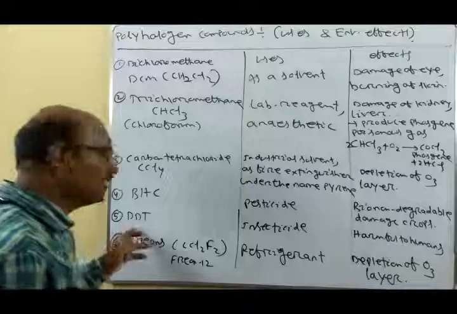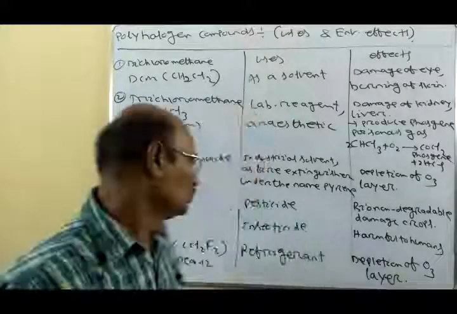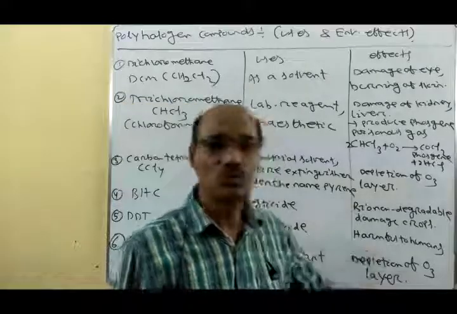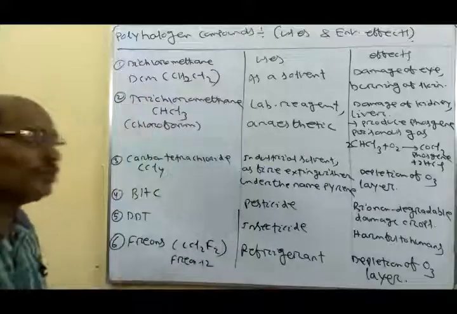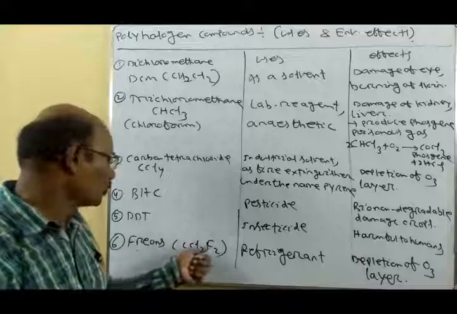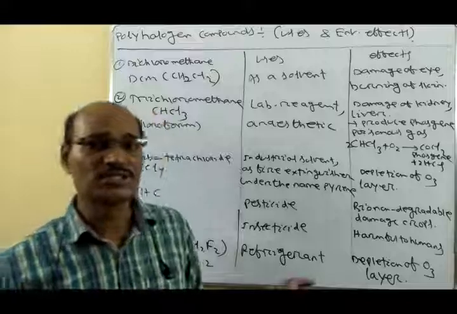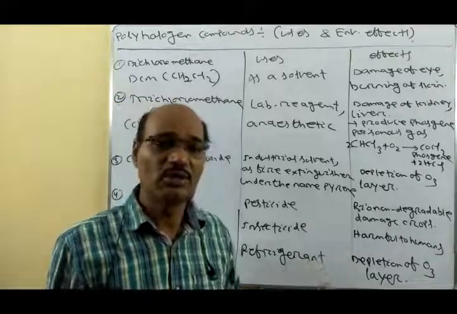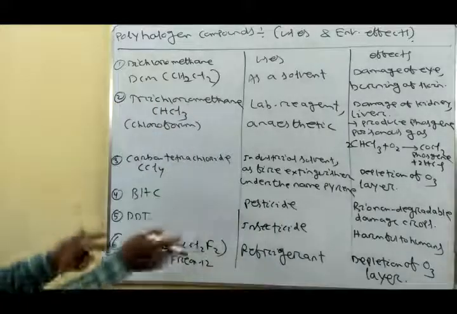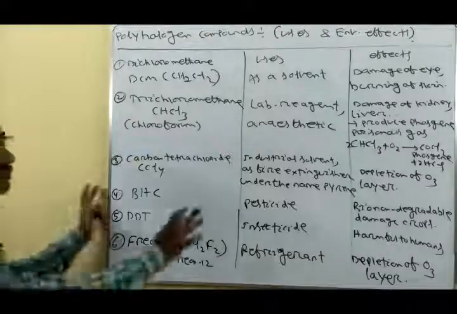Now DDT, called dichlorodiphenyltrichloroethane, is also used as an insecticide, and these are all harmful to humans. Then also freons are there. One example is the chlorofluorocarbon freon 12. This is used as a refrigerant and is harmful to the environment, causing depletion of the ozone layer. So these are the different polyhalogen compounds, uses and effects that we have to remember.